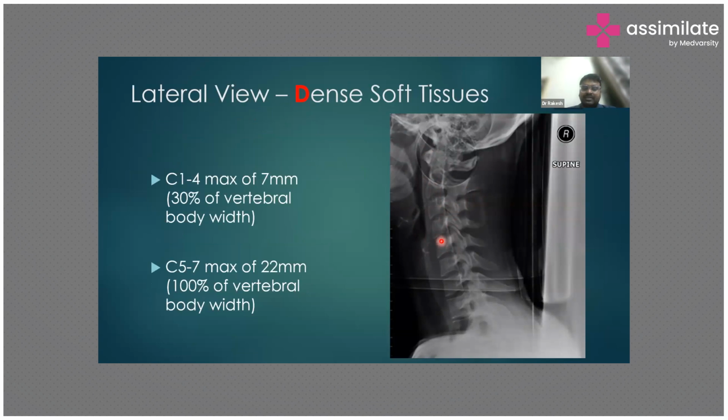When you're dealing with C5 to C7, the soft tissue thickness is almost equal to the lateral diameter of the vertebral body, roughly 22 millimeters maximum. So C1 to C4, 7 millimeters. C5 to C7, 22 millimeters. Roughly here, the soft tissue will be about 1/3 of the lateral diameter of the vertebral bodies, and here it will be almost equal.